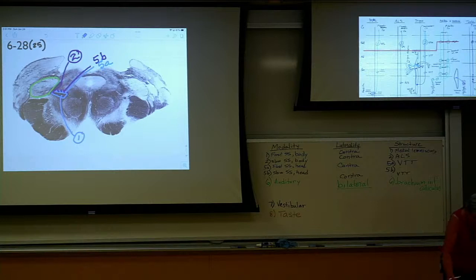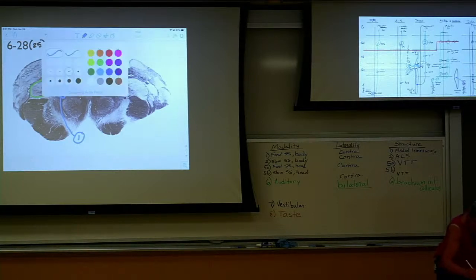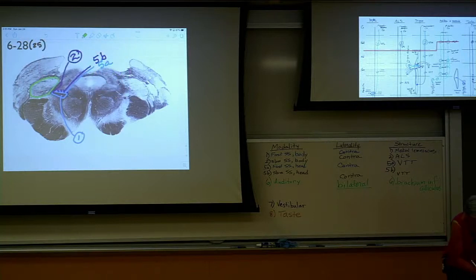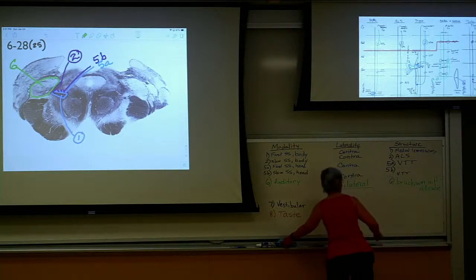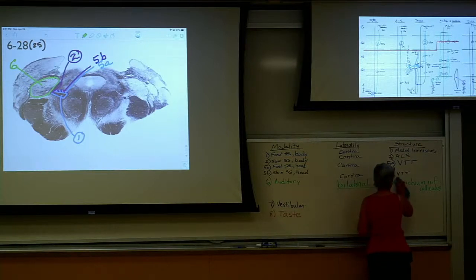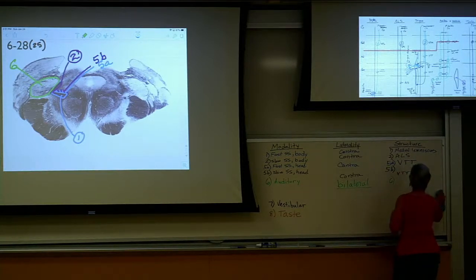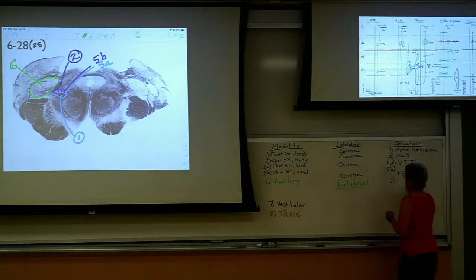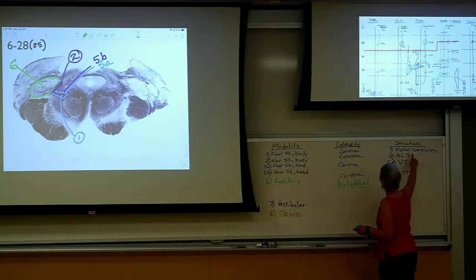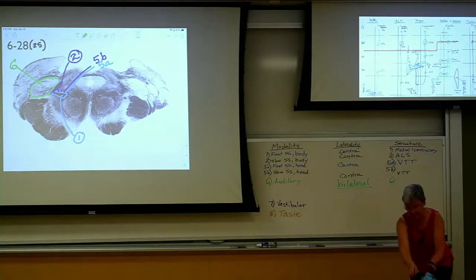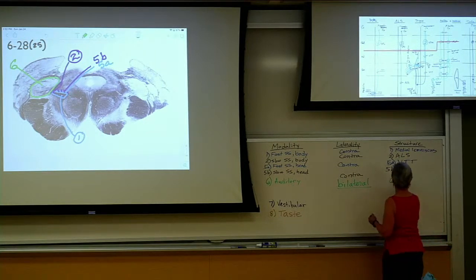Okay, so the new structure is in the auditory system, the medial geniculate nucleus. So right where we had our brachium in the last section, just lateral to the anterolateral system, the nucleus has shown up.